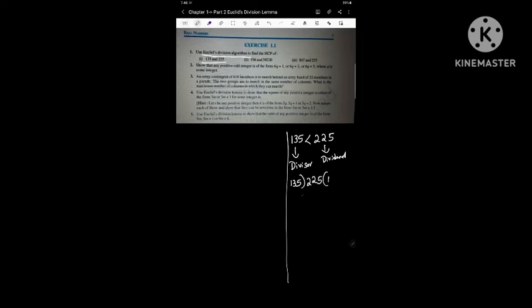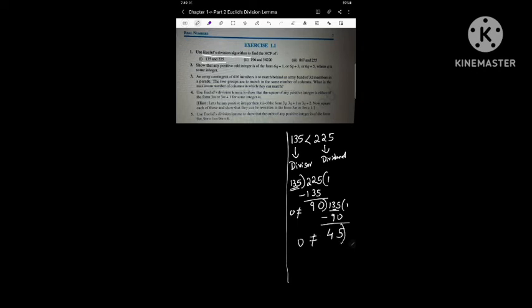So 135 ones are 135, 0 we have, and then we have here 90, and the remainder is still not equal to 0, so we continue the process. Whatever was the divisor, 135, will become the dividend over here. So now 90 ones are 90, 45 will be the remainder, and this is also not equal to 0.